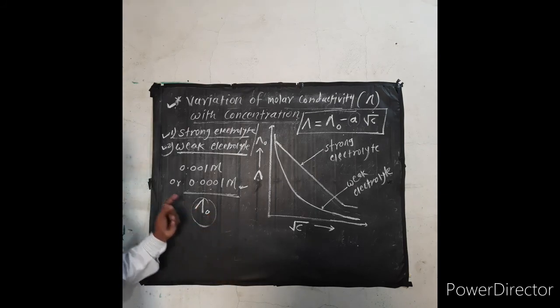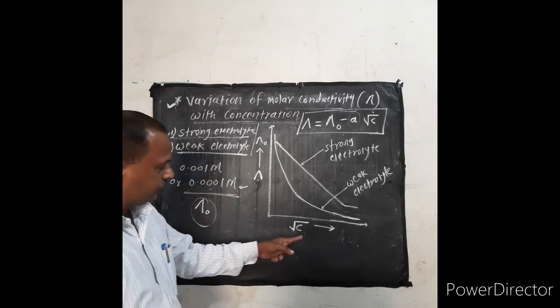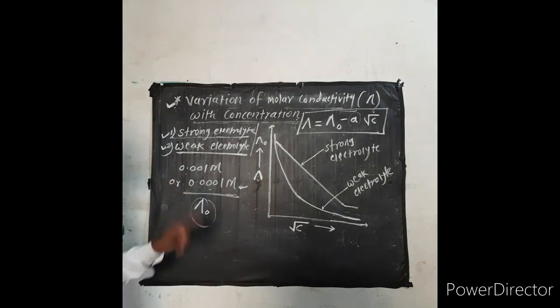For a weak electrolyte, the variation of lambda versus square root of C is not linear.